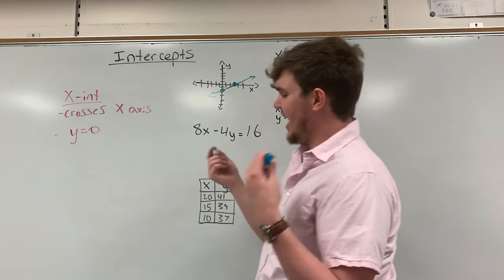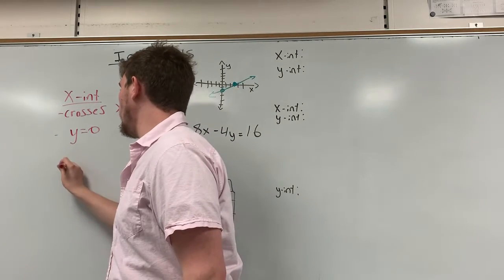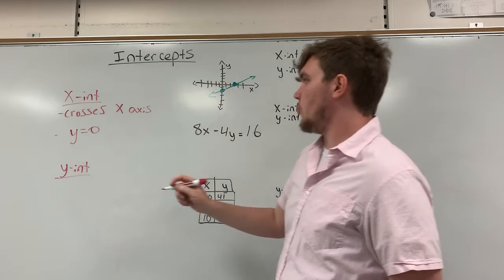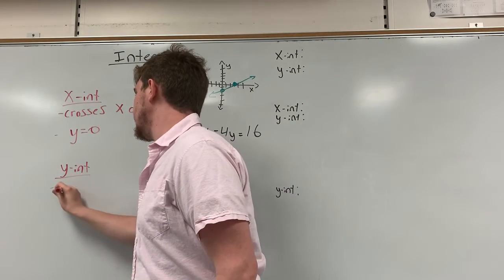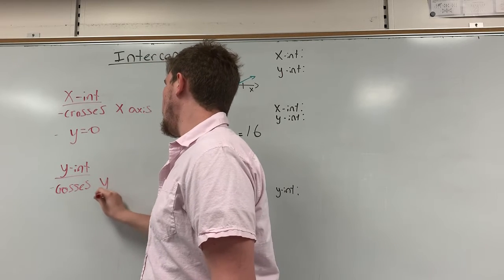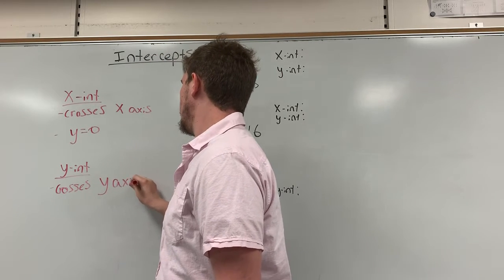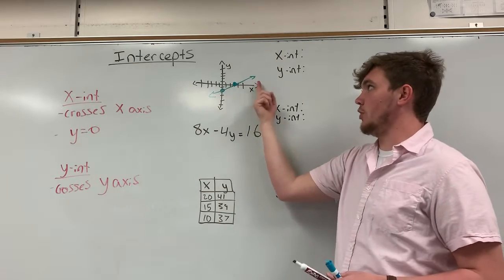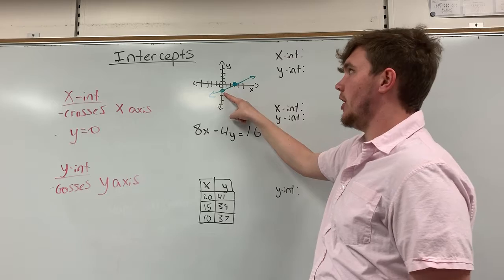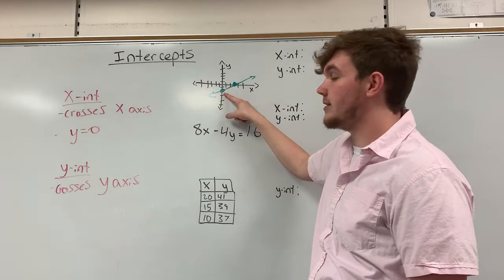Now, I have similar points for the y-intercepts. Y-intercepts, that is where the graph crosses the y-axis, right? Okay, so again, on this blue line here, the y-intercept would be right here, where the graph crosses the y-axis.